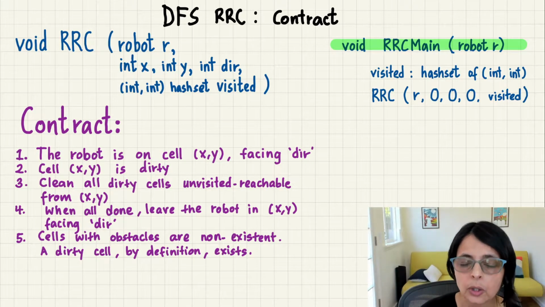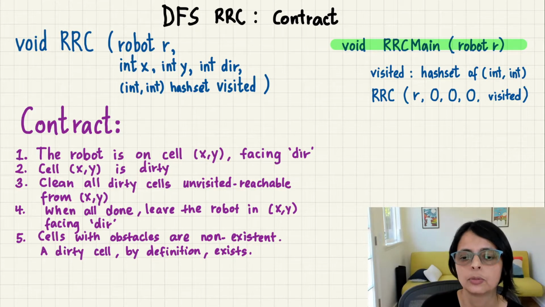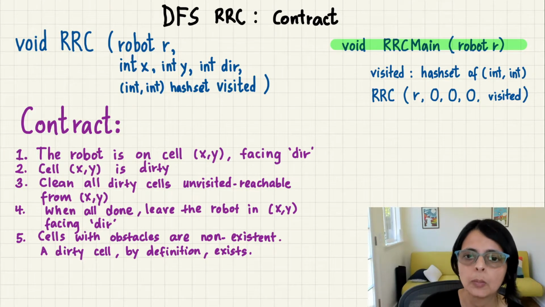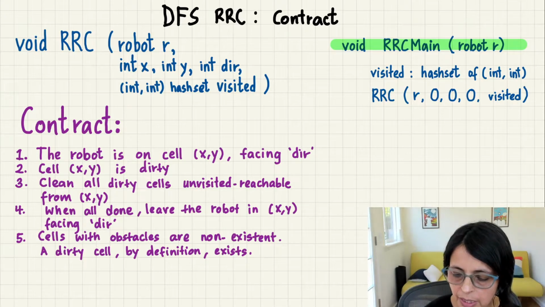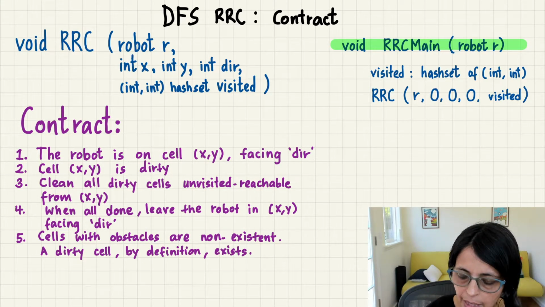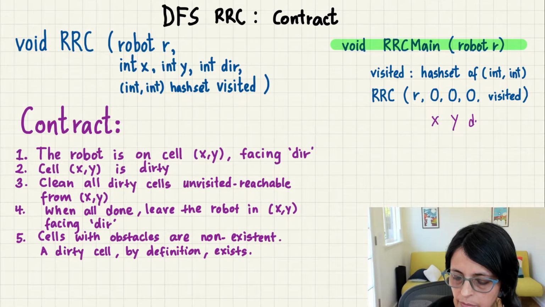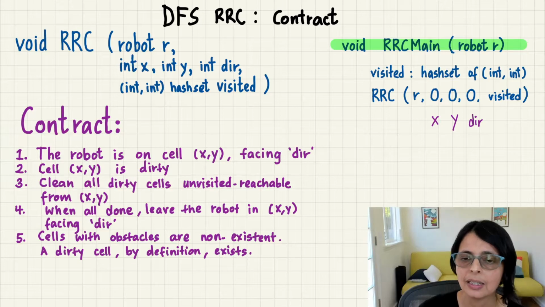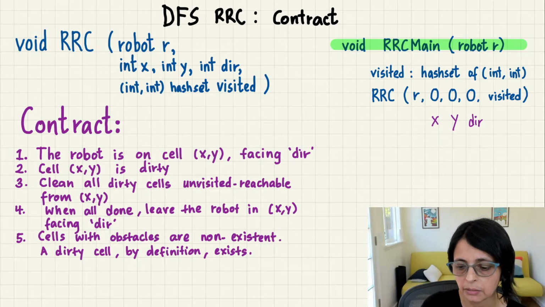Then we do the first call to DFS with the starting cell being 0, 0, and the direction, as given in the problem specification, up. So this is X, this is Y, this is direction, and this is our robot. In the outer wrapper, the only input we have is the robot. The discovery of the grid, the cleaning of the grid, everything has to be done via robot commands.